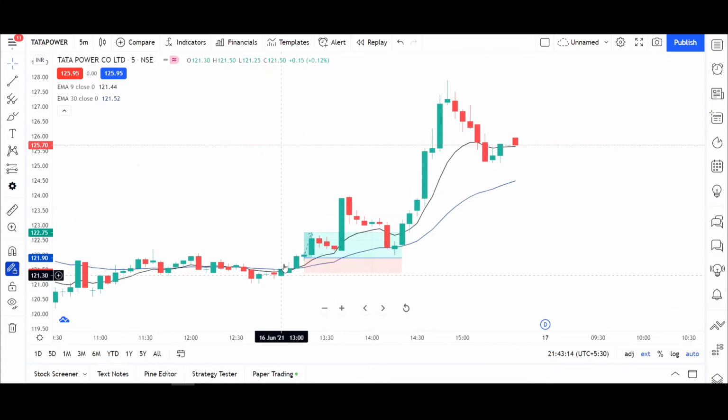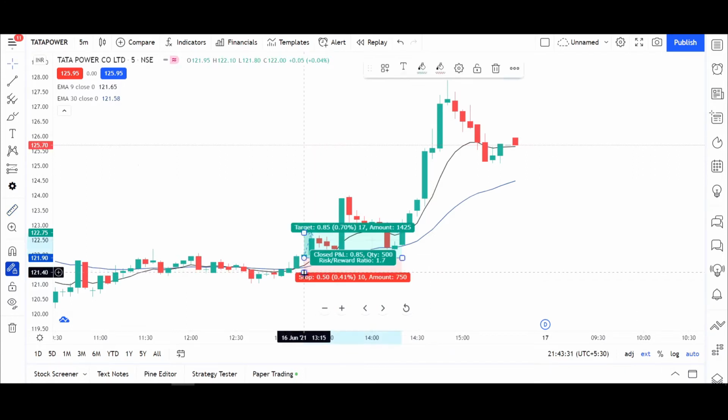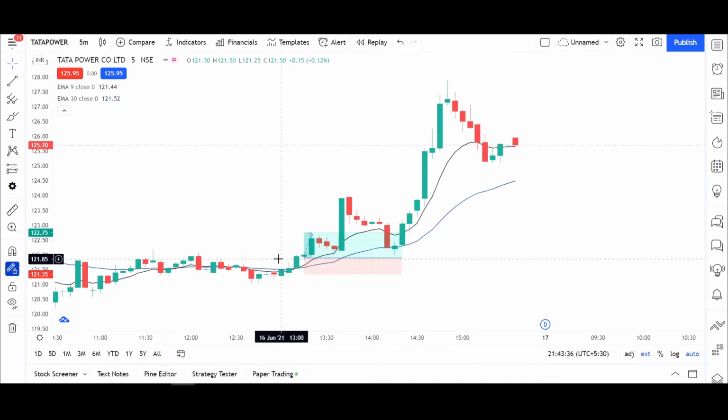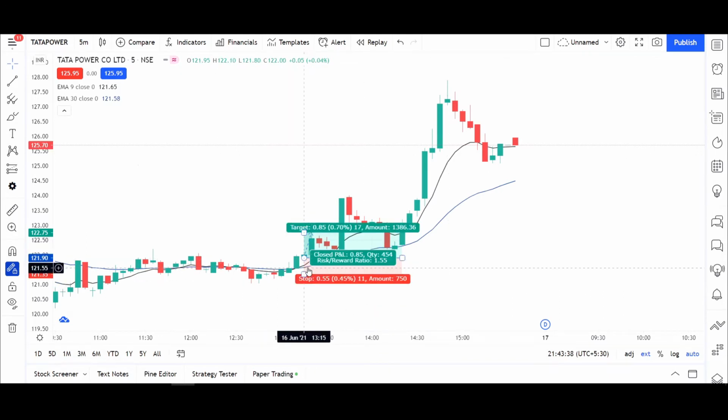So if I enter here, your stop loss is supposed to be somewhere in this range right here, 121.35. So mine was somewhere over here, at 121.35.